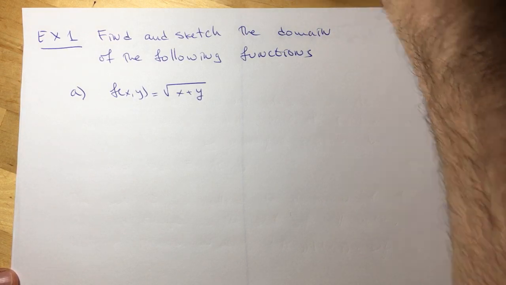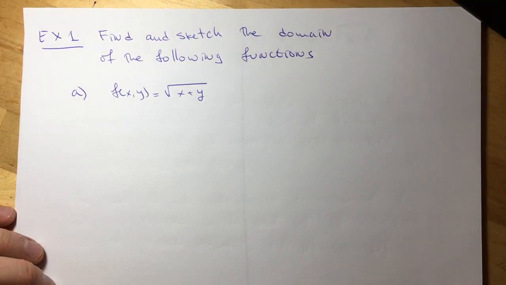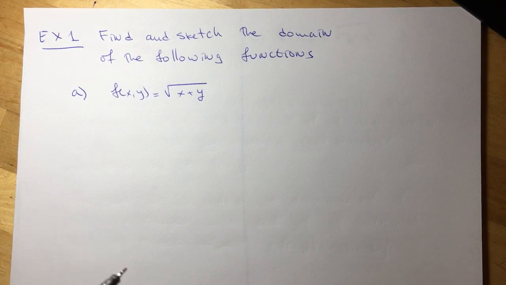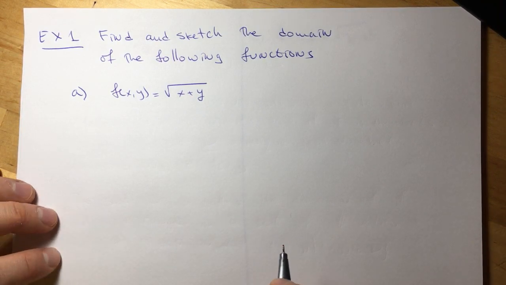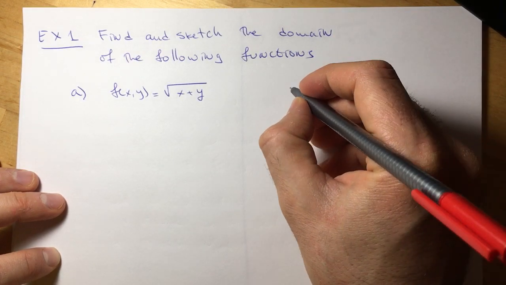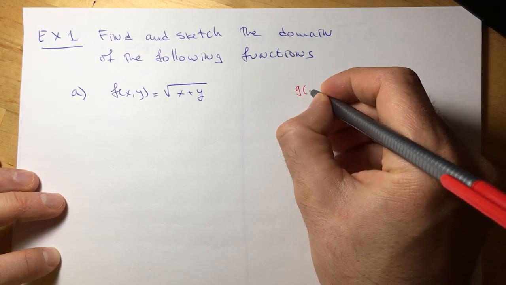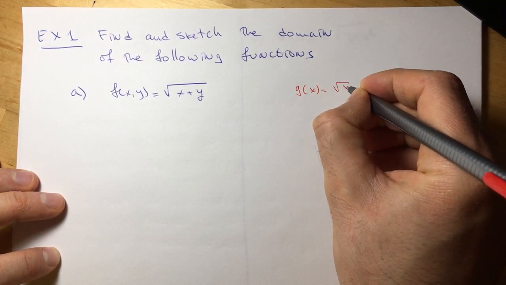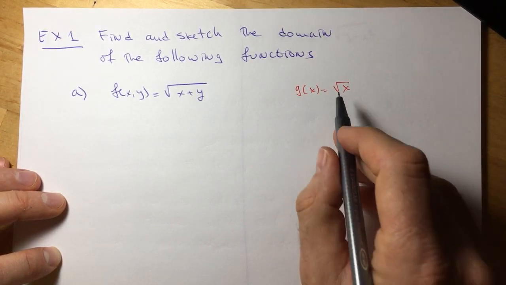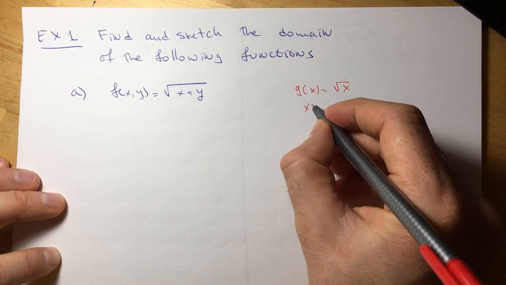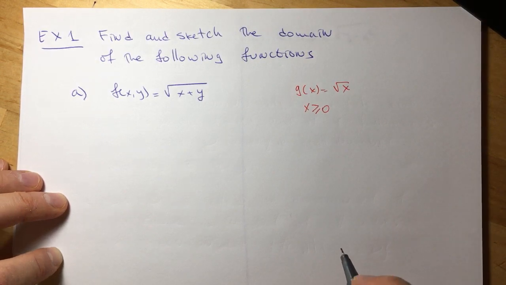So let's find and sketch the domain of the following functions. The first one is f of x, y equal to the square root of x plus y. Just for the beginning, compare this to the function g of x equal to the square root of x. Everybody knows what the domain of this function is: x is greater than or equal to 0.